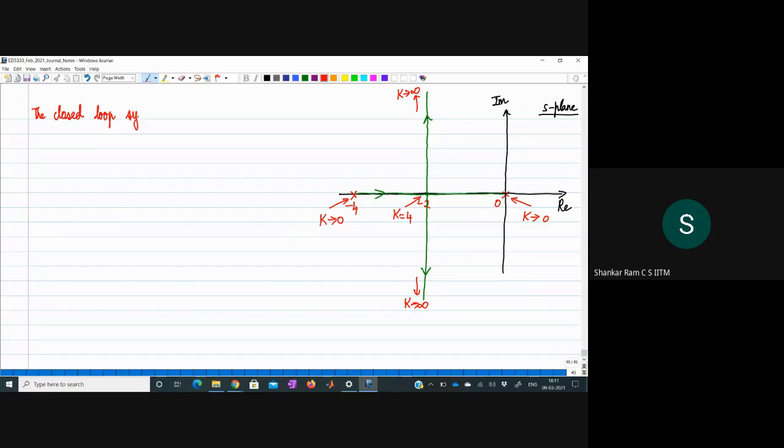So anyway, that we have already established by Routh's criteria, but from the root locus we are re-establishing it because for all k greater than 0, we can immediately see that both the branches of the root locus lie in the left half plane, right? If both branches lie in the left half complex plane, then the closed loop system is stable, right? Is it not? All right. So any questions on this till now?